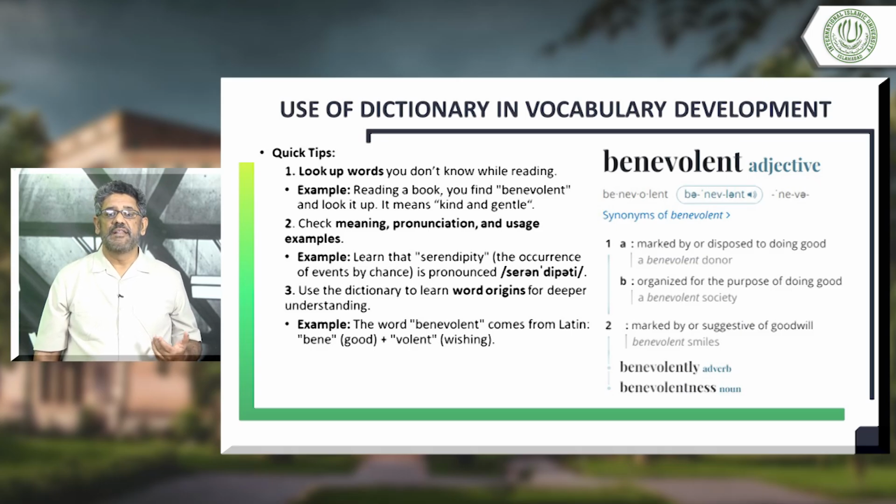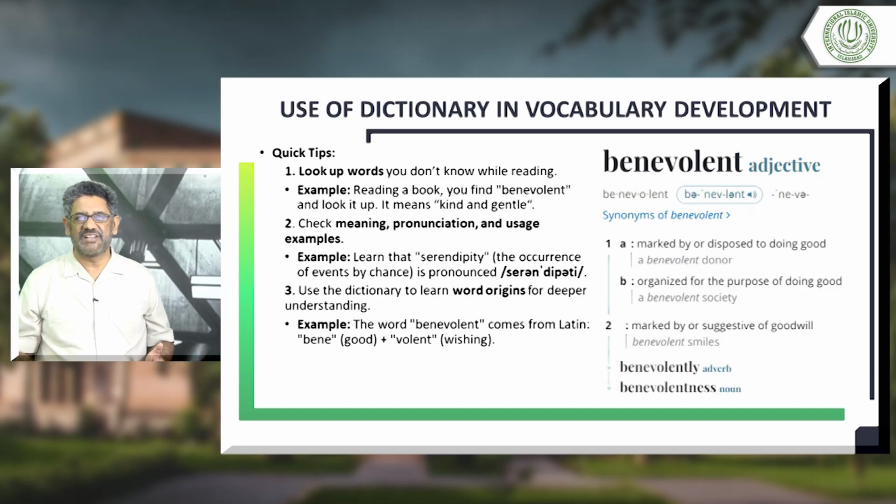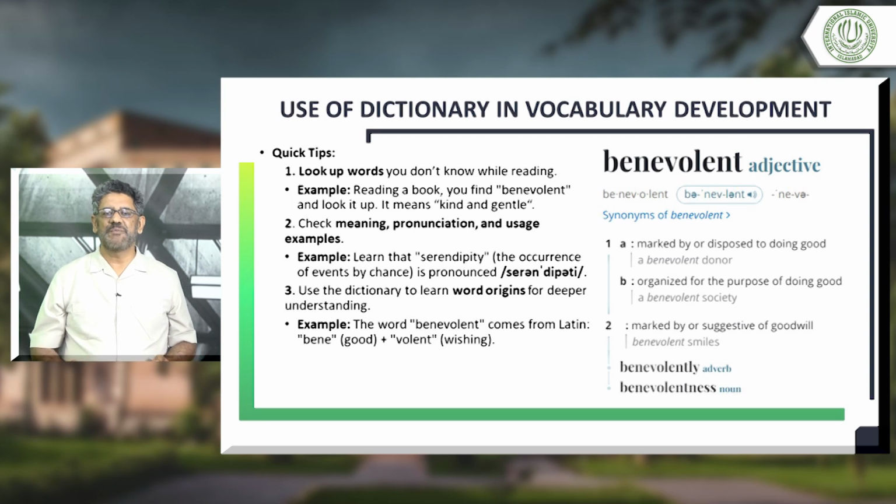Example, the word benevolent. What is the origin? This word has come from Latin. Bene means good, volent means wishing. Now look at the right side of the slide. Benevolent, what part of speech is this? It's an adjective.